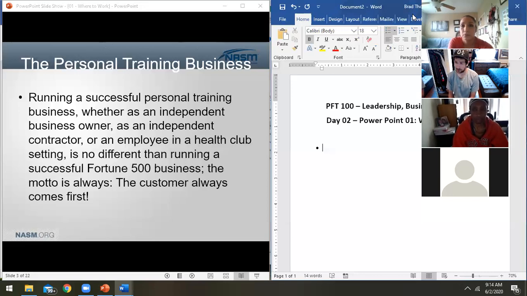Generally, what a lot of personal trainers do, which is very common, is they will often have a steady source of income job where they work regularly for a gym, and then they will also do independent contracting on the side, session to session. And until now, I've kind of been describing independent contracting as working for a company.